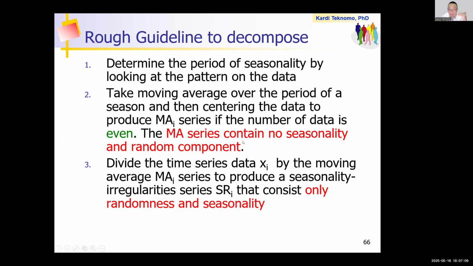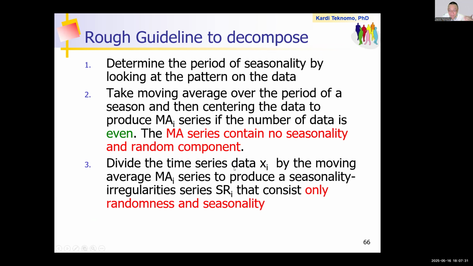The MA series contains no seasonality or random component. I hope you understand. The purpose of MA is actually removing this random component and seasonality component.